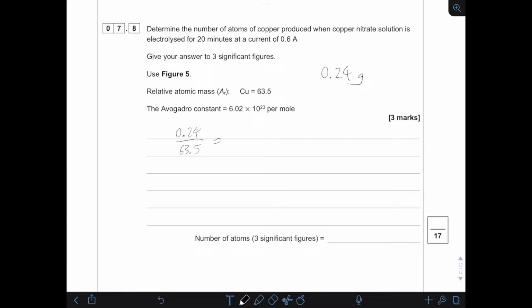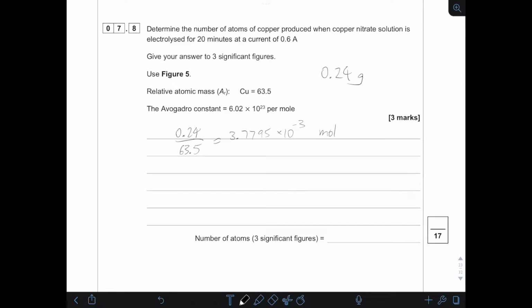Let's see, 0.24 divided by 63.5 gives me 3.7795 times 10 to the minus 3 moles.